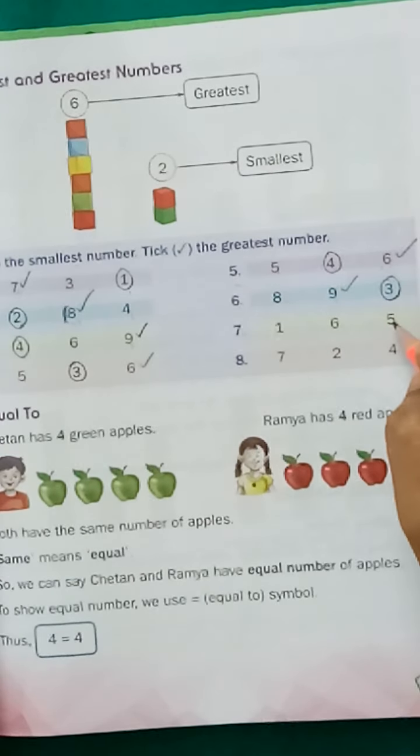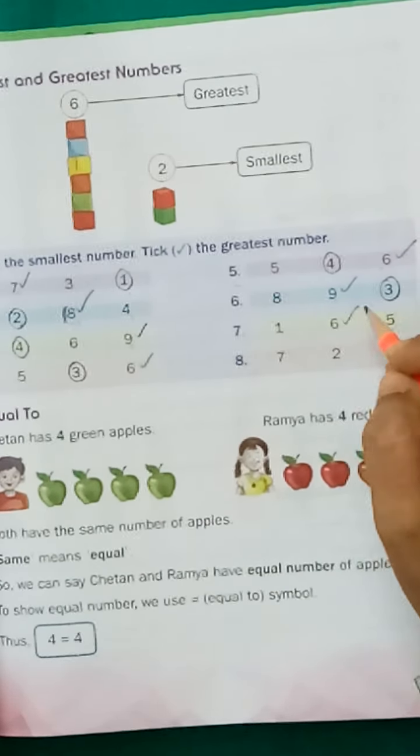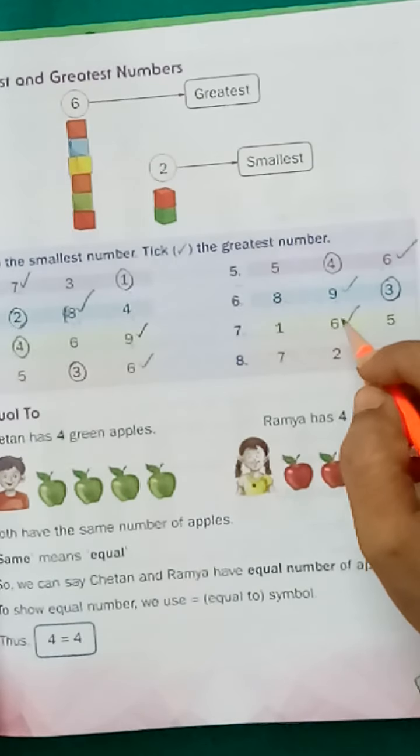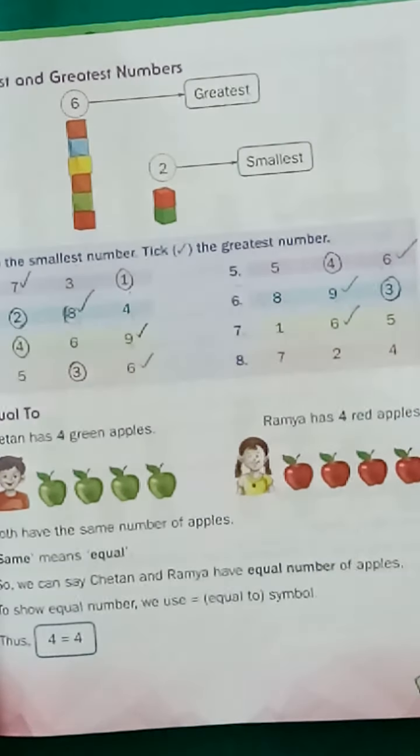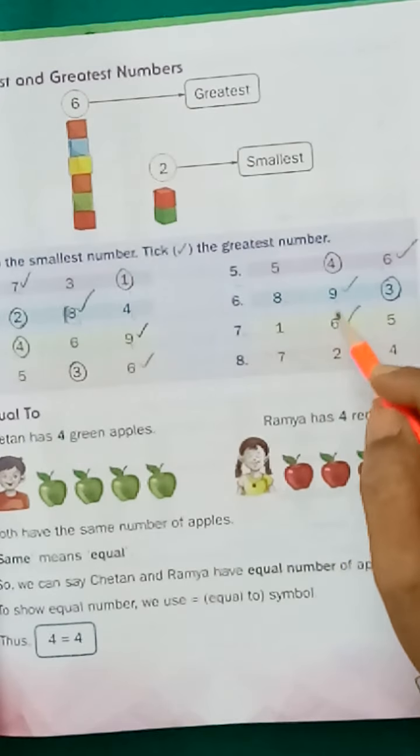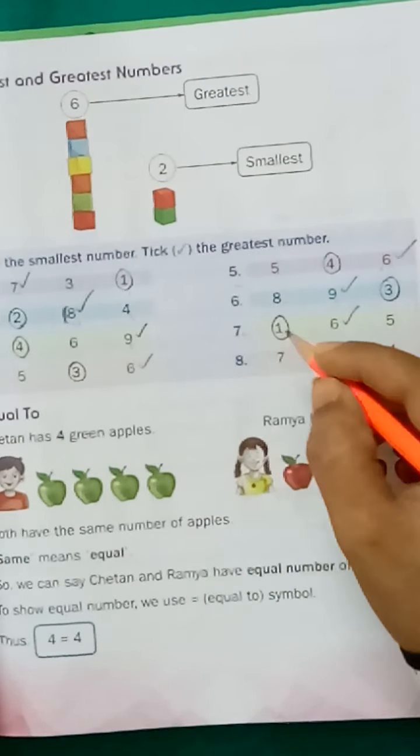Which is the greatest one, the bigger one? 6 is the greatest one. Okay, and which is the smallest one? 1 is the smallest one.